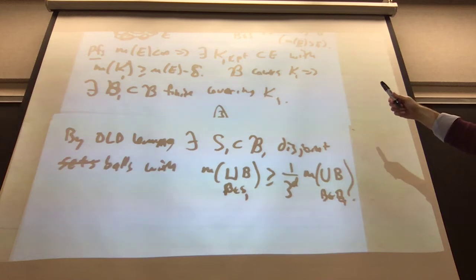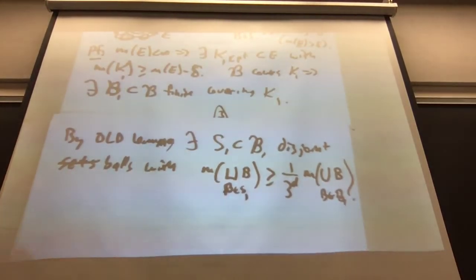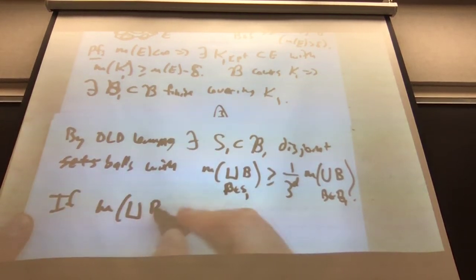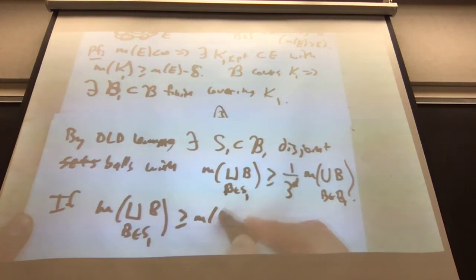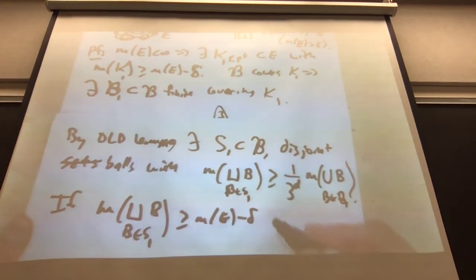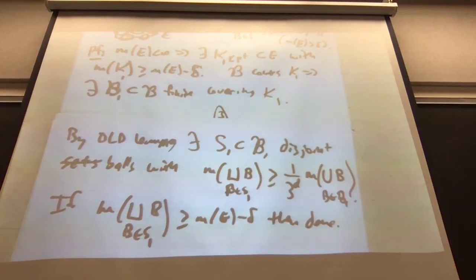Okay, so look, we have this collection S1. If the measure of this union of balls in S1 is already bigger than the measure of the original set E minus delta, then we're done.